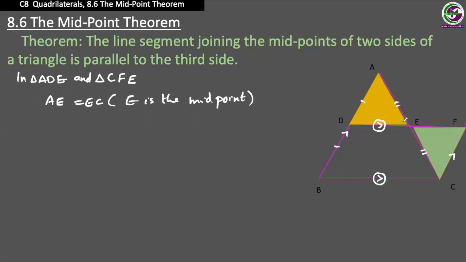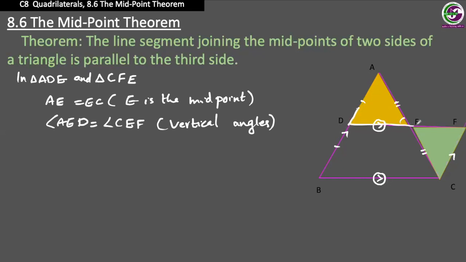Now we have a vertical angle. Angle AED is equal to angle CEF. Also, AB is parallel to CF, so we can find an alternate interior angle, the Z shape.